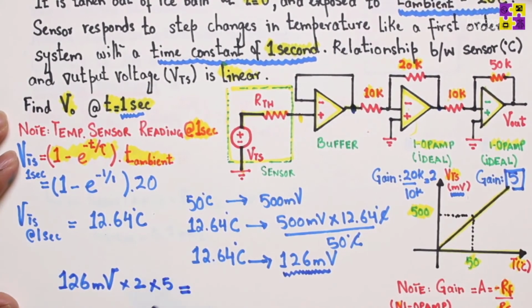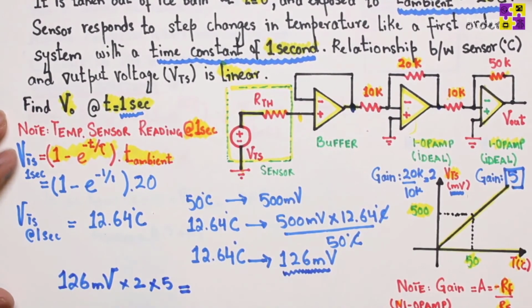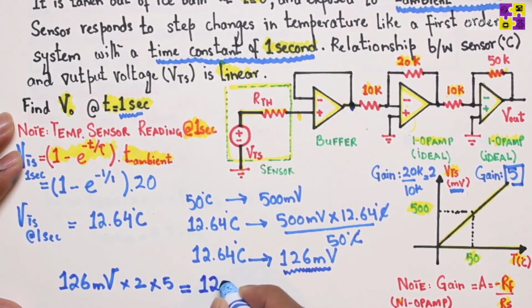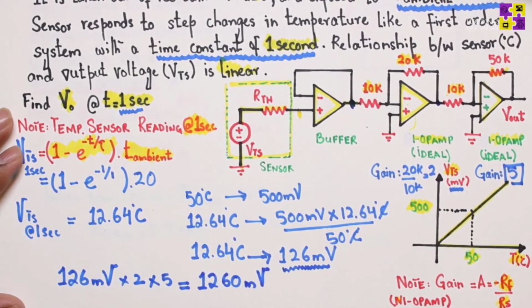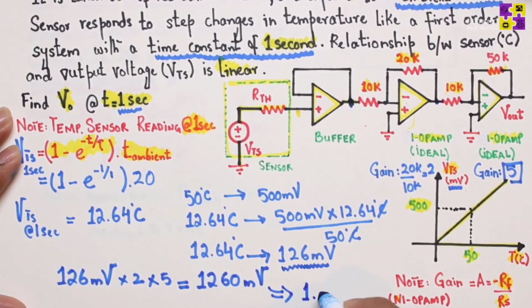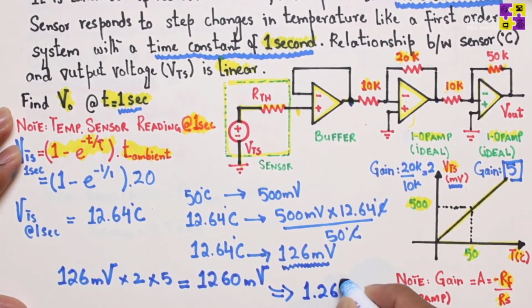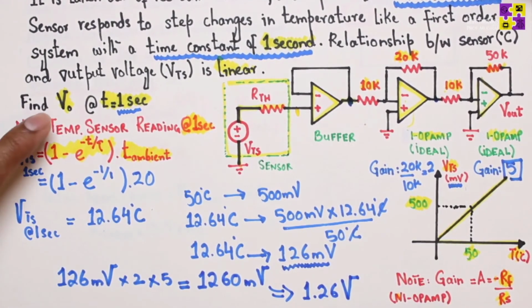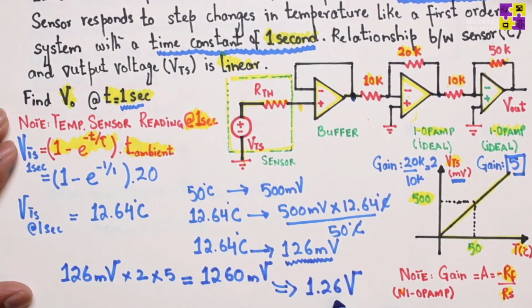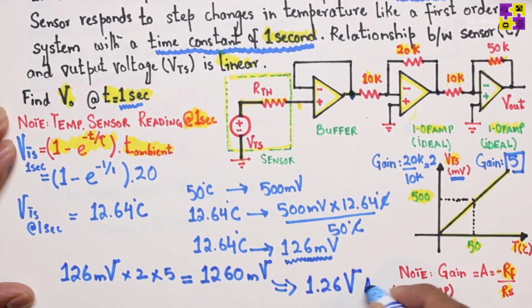And if I do the math here, 126 millivolt times 2 times 5, I basically get 1260 millivolts, which can also be written as 1.26 volts. So the output voltage at t equals 1 second is actually 1.26 volts, and that is your answer.